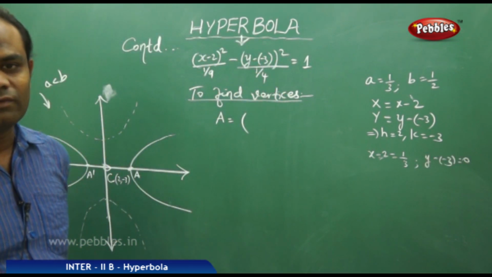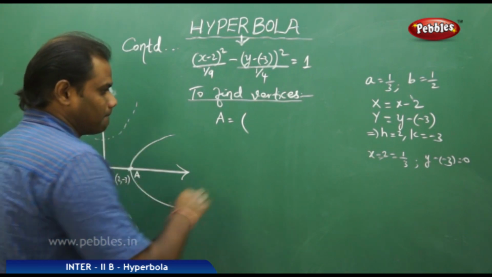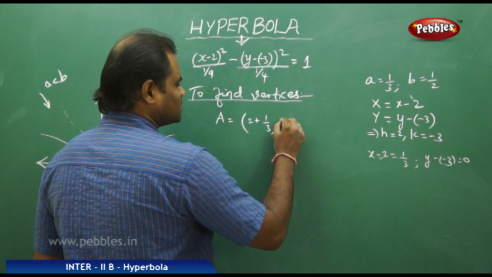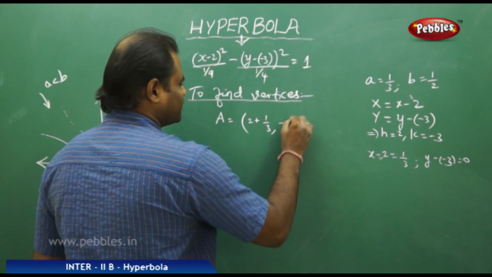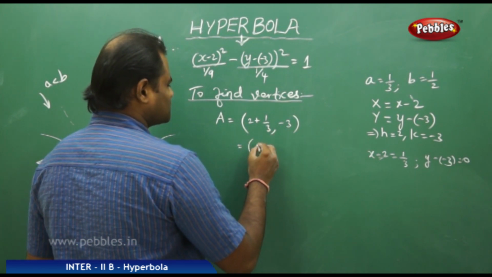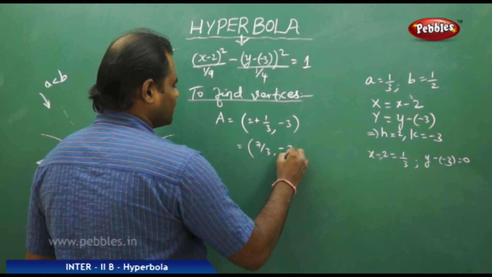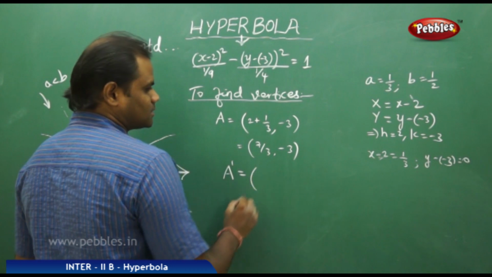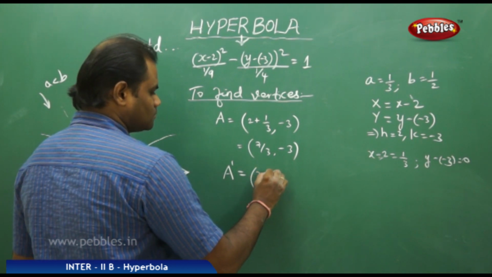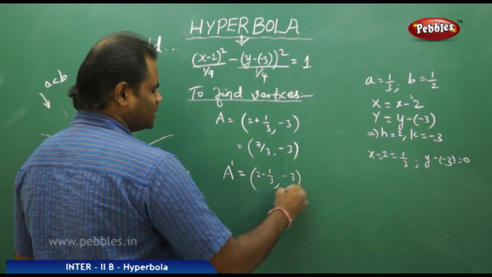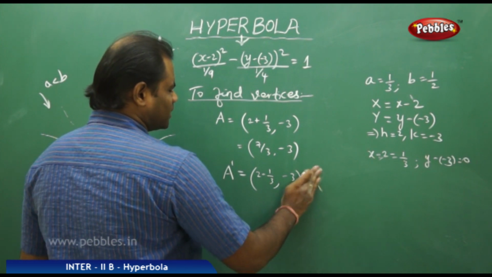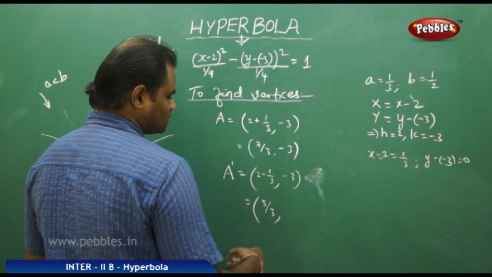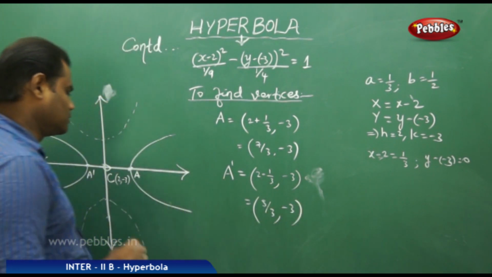Now this is 2 plus 1 by 3, and this is minus 3, which on simplification gives 7 over 3 and minus 3. Similarly, my A dash is 2 minus 1 by 3 and minus 3, which gives 5 over 3 and minus 3.